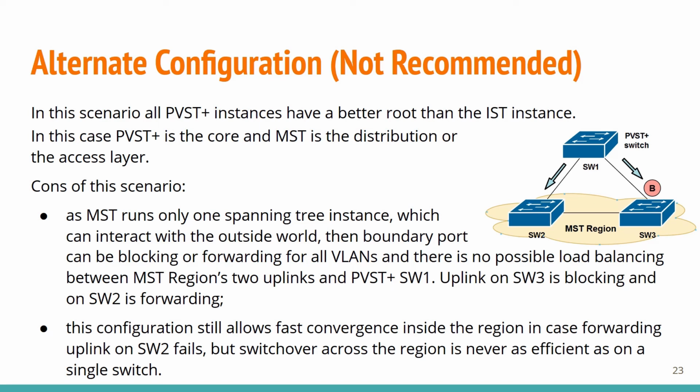Uplink on SW3 is blocking and on SW2 is forwarding. And the second one, this configuration still allows fast convergence inside the region in case the forwarding uplink on SW2 fails. But switchover across the region is never as efficient as on a single switch.